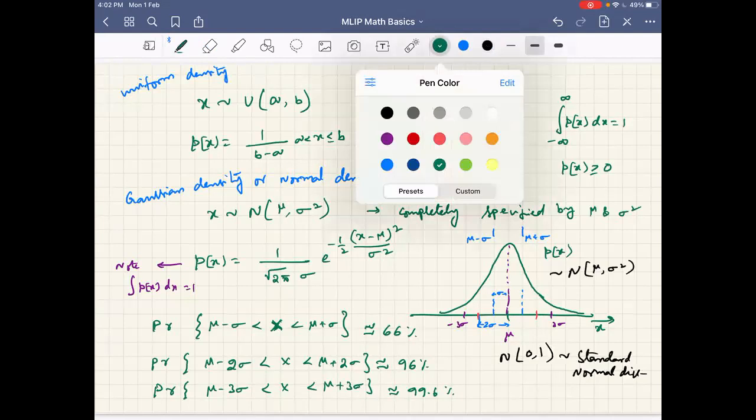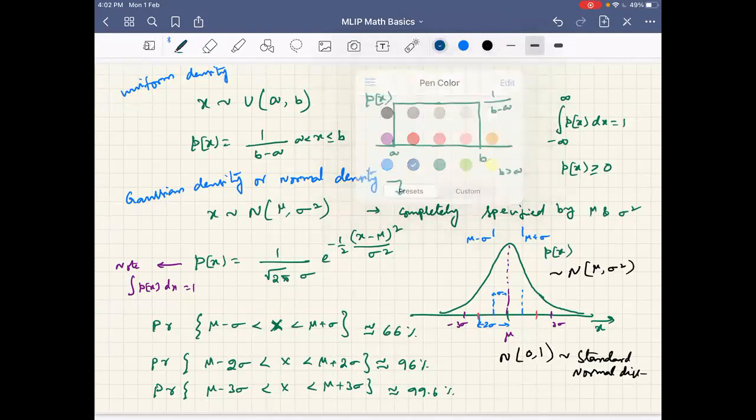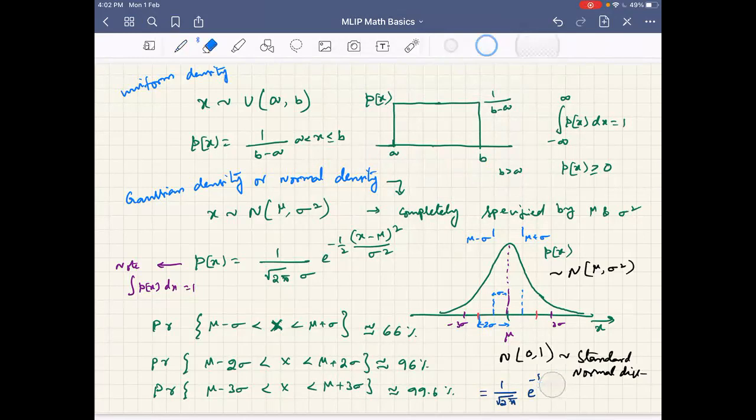It will be equal to 1 by root 2 pi. Here sigma equal to 1, mu equal to 0, that's all. So e power minus half x square by 1, or x square by 2. Even simply you can write this as e power minus x square by 2.